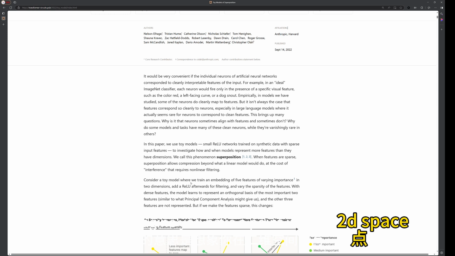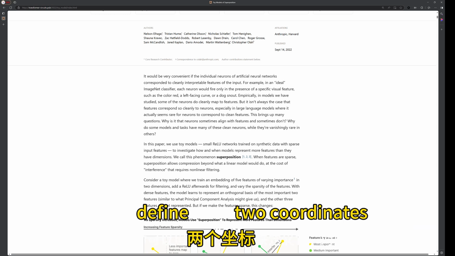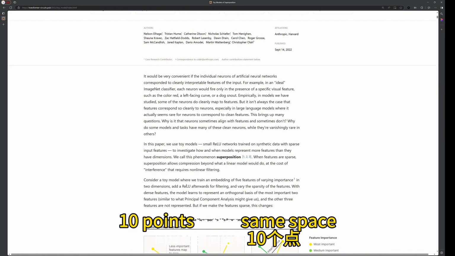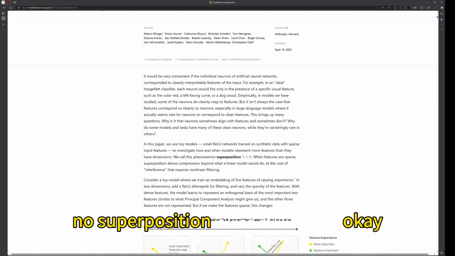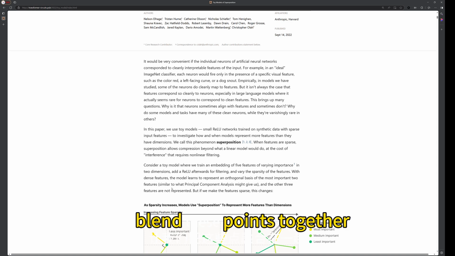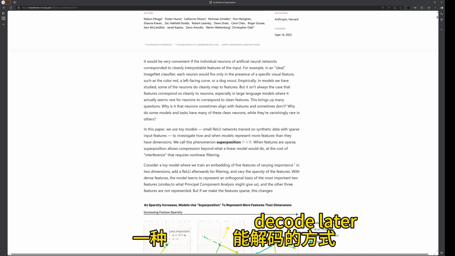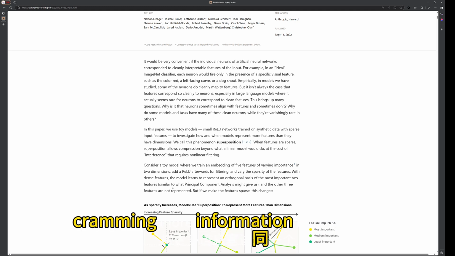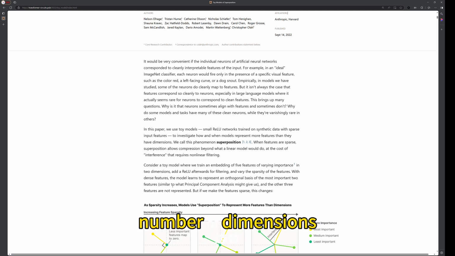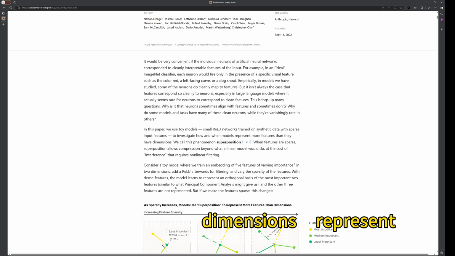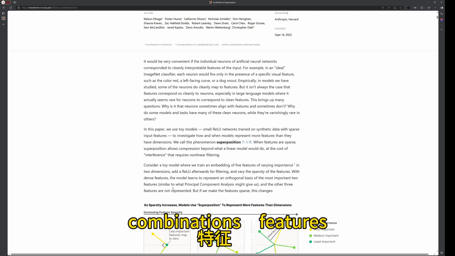Imagine you have a point in a 2D space. You can define it with 2 coordinates, right? But what if you need to represent 10 points in that same space? Superposition is kind of like saying, let's blend these points together in a way that we can still decode later. It's not about cramming more information into the same number of dimensions, but rather using those dimensions to represent combinations of features.